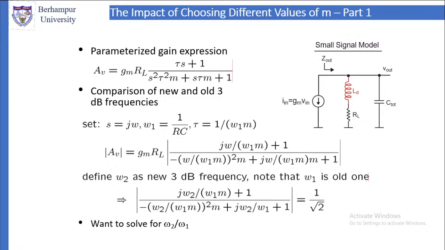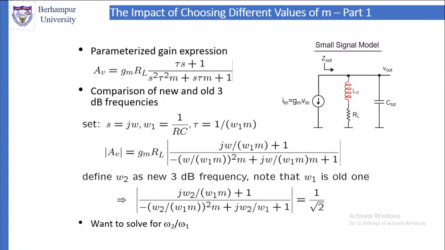So simplify this, do a simple algebraic calculation. For the 3 dB frequency, this gain has to be half, which means power has to be half, which means gain has to be 1 by root 2. So AV has to be 1 by root 2, assuming GM into RL is equal to 1.